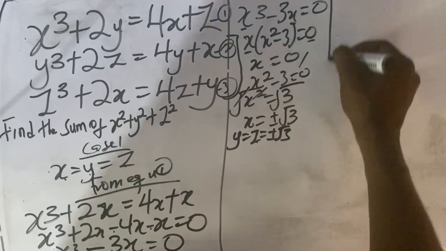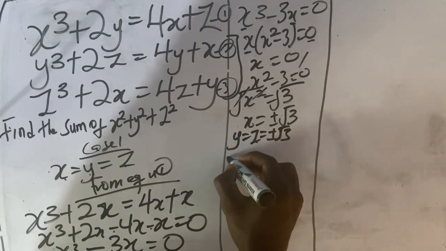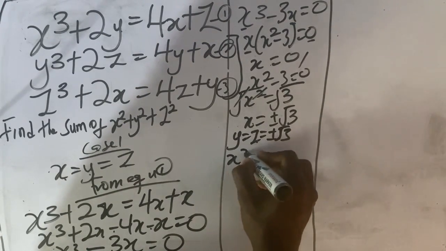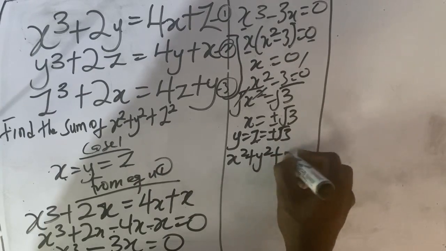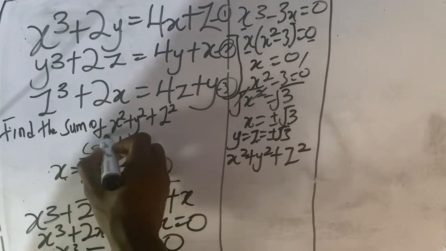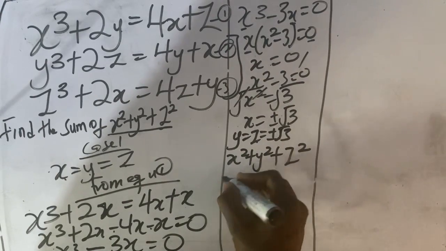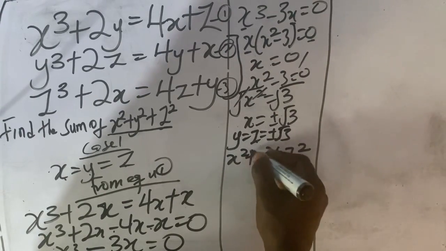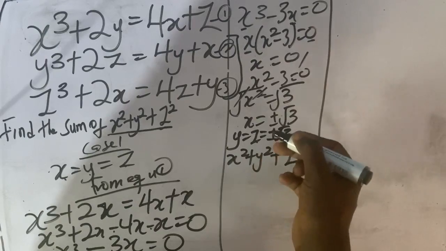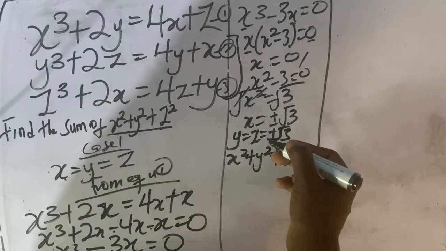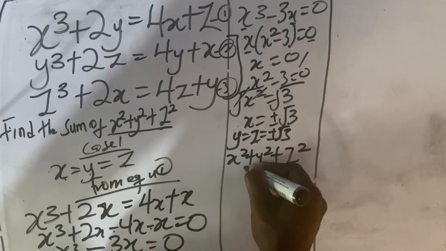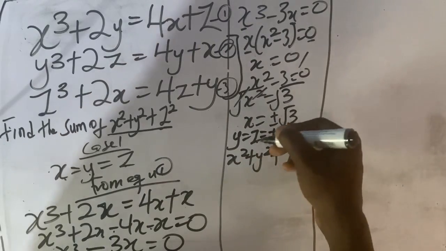So if that is the case, then we have our x squared plus y squared plus z squared, which the question is asking us to find. Whether x is negative or positive, because of this square here, everything will be positive, because negative times negative will give me positive.